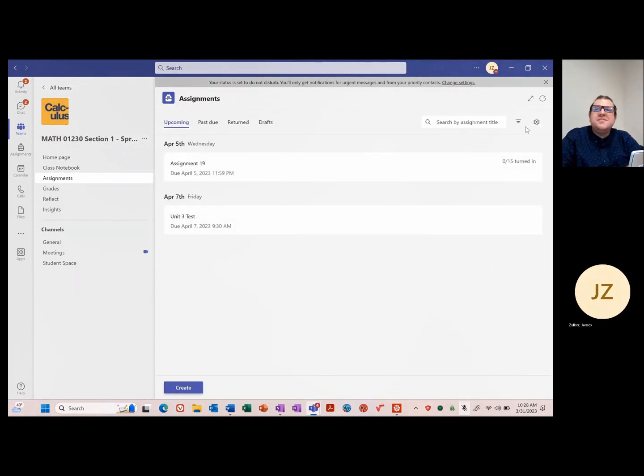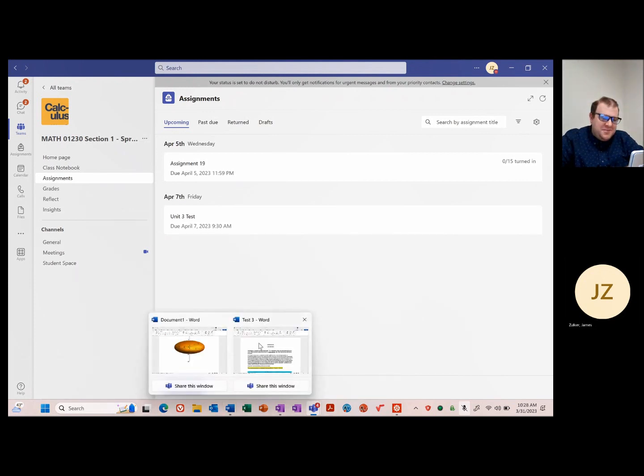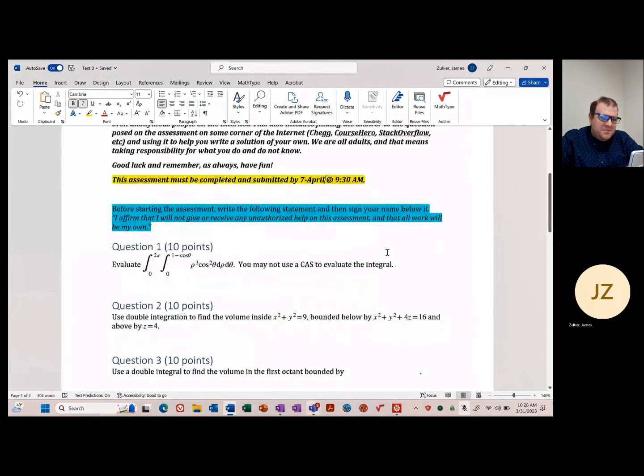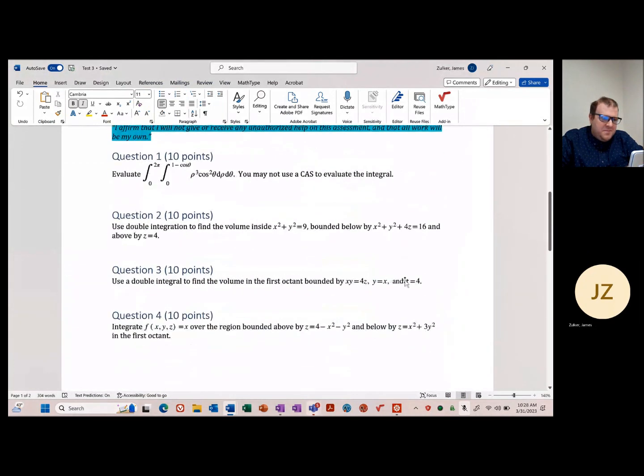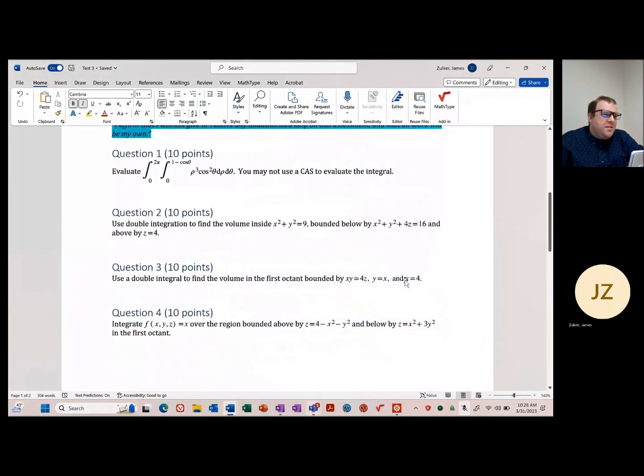So your Unit 3 test is now available. The only one I'm forbidding you from using a CAS on is the first one. So that one you actually have to do by hand. The other 4, you're allowed to use a CAS.